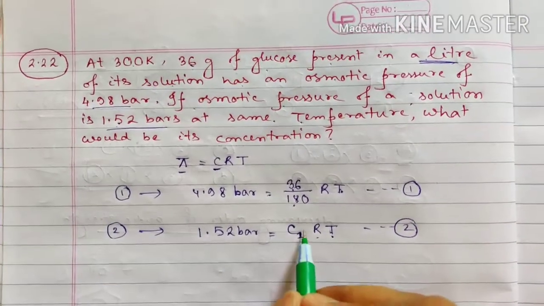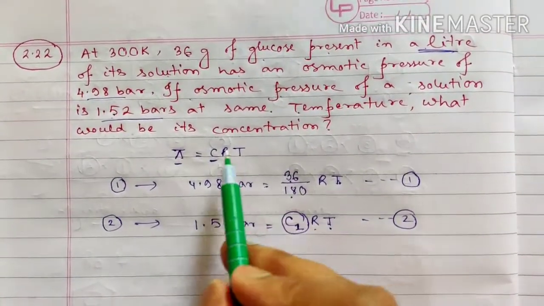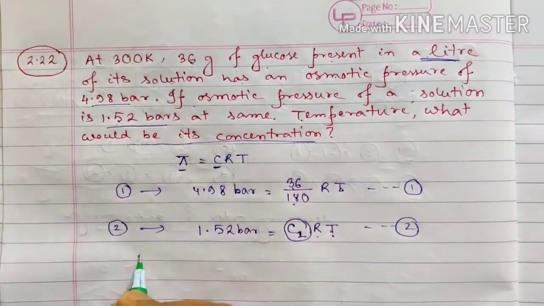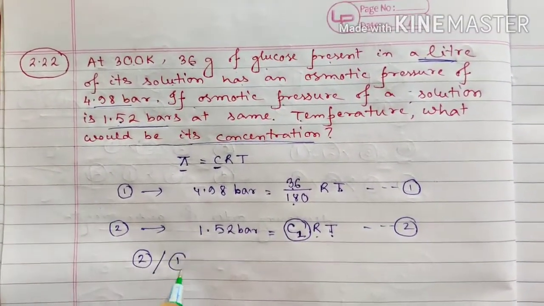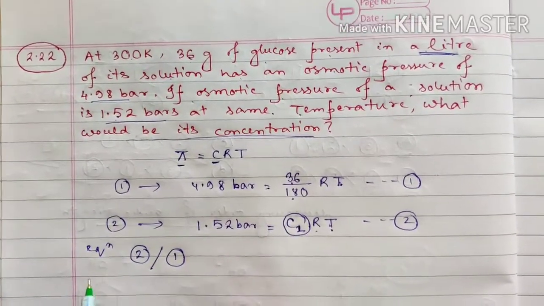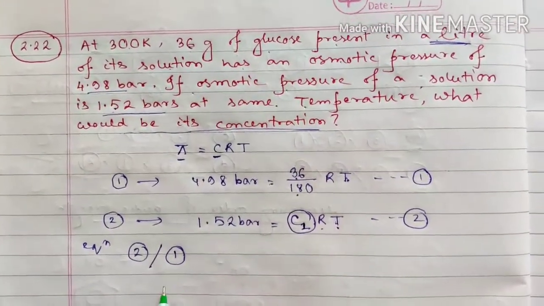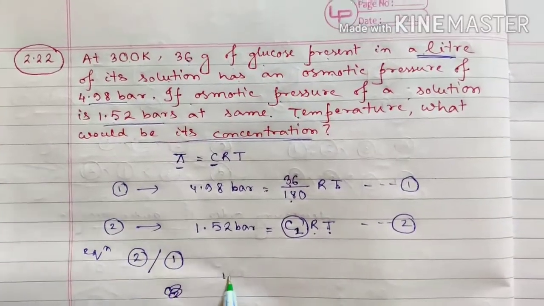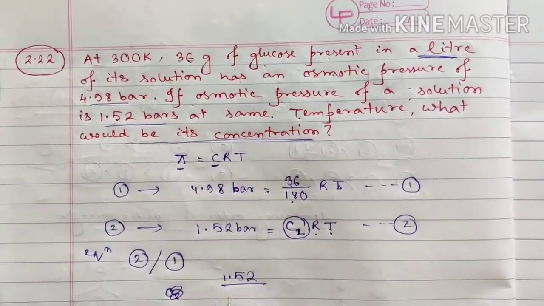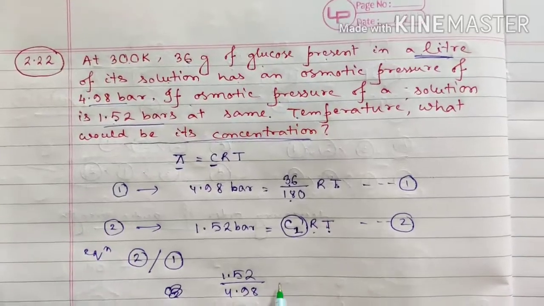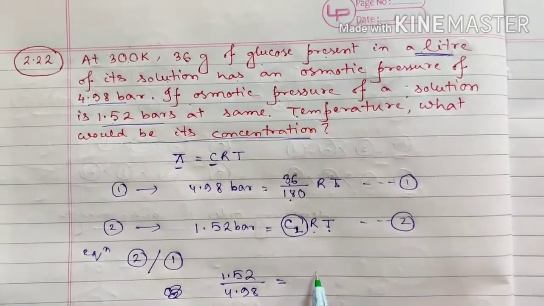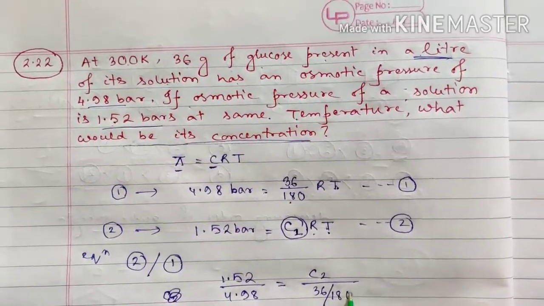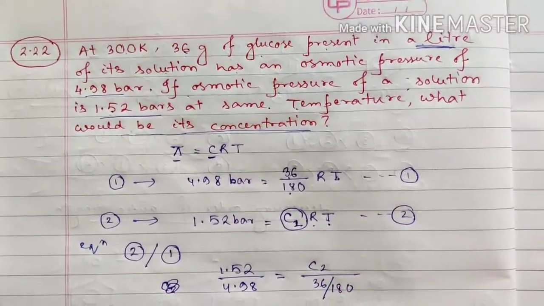It is very easy to understand that we have to calculate the C2 because the question is what would be its concentration. So what we can do is divide equation 2 by equation 1. Then on this side it should be 1.52 divided by 4.98, and on this side C2 over 36 by 180, because RT and RT will cancel each other out.